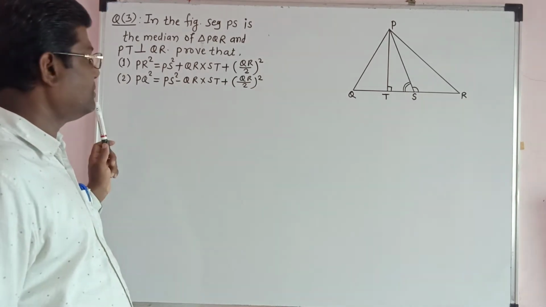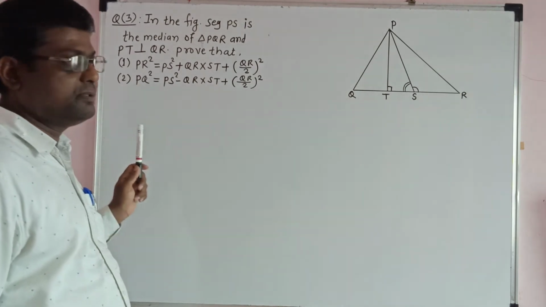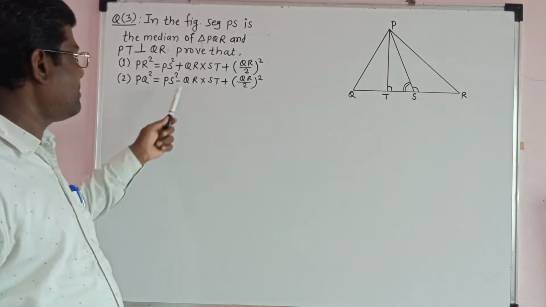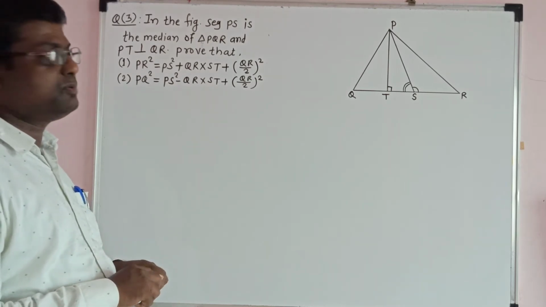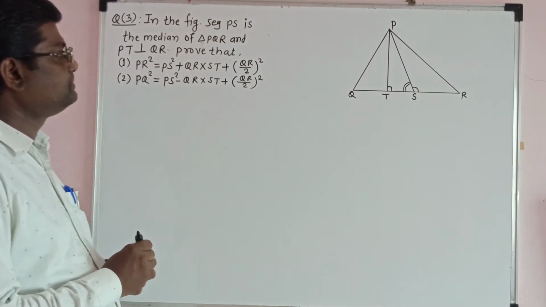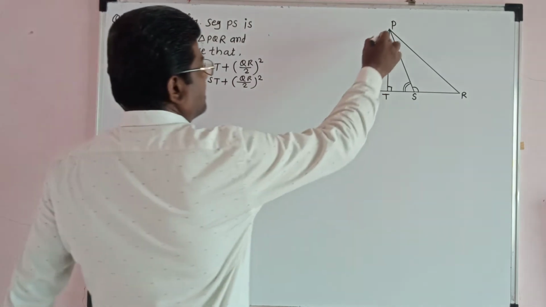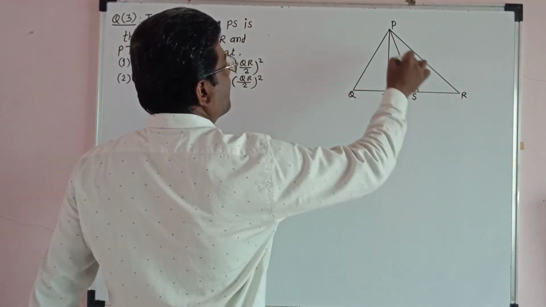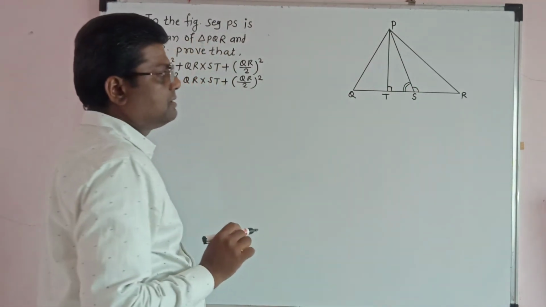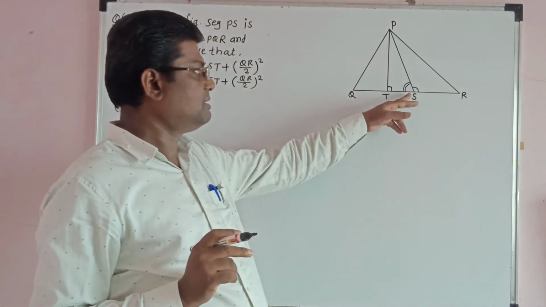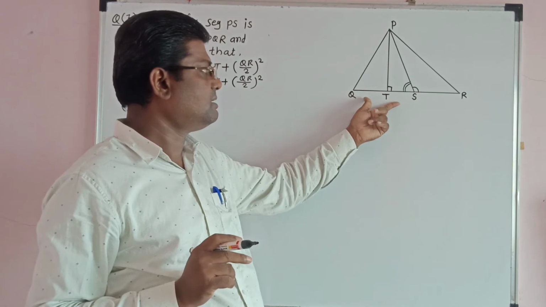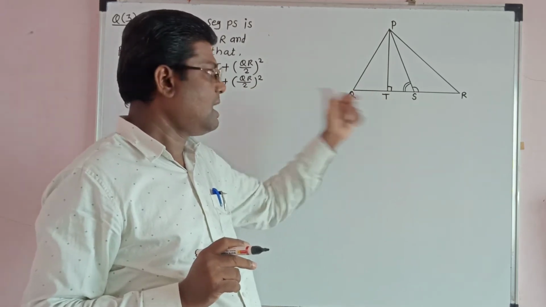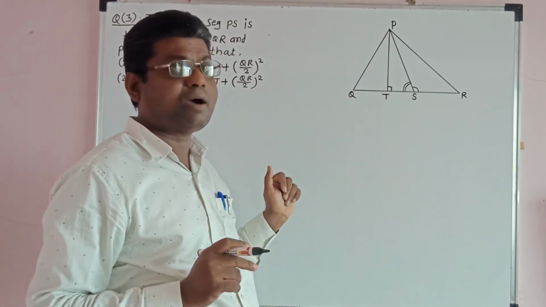And number 2, PQ square is equal to PS square minus QR into ST plus QR upon 2 bracket square. Now in triangle PQR, PS is a median. Therefore S is a midpoint of QR. Therefore QS is equal to half of QR and SR is equal to half of QR.